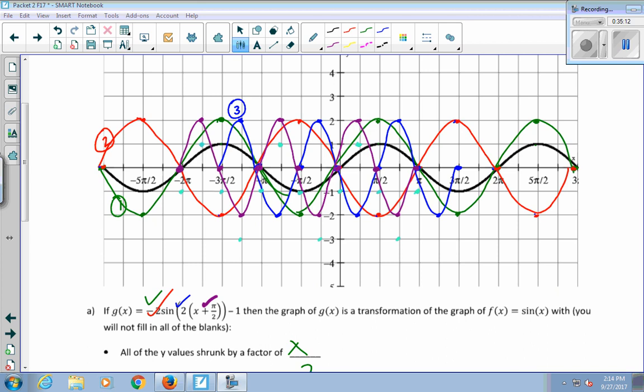Okay, moved all my purple dots down one, and now I just connect them with a nice smooth curve. So this teal graph that I did at the end, that's G. Took a lot of drawing to get there, but that's it.